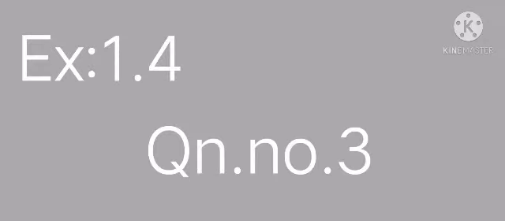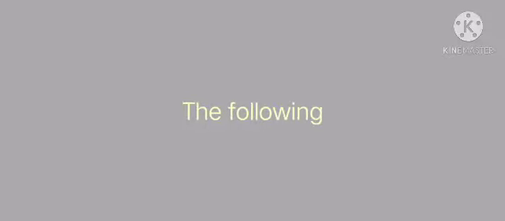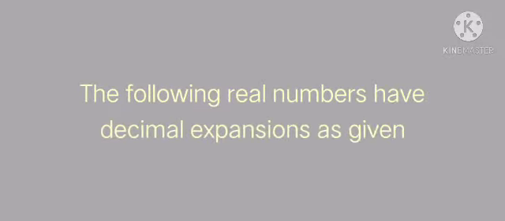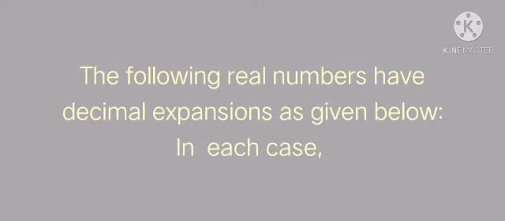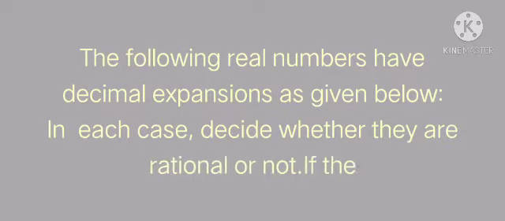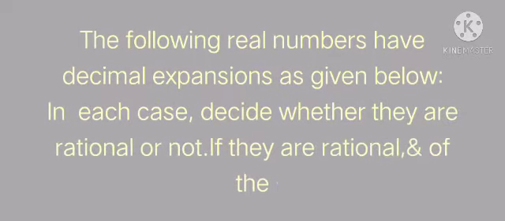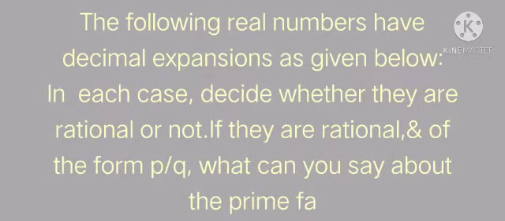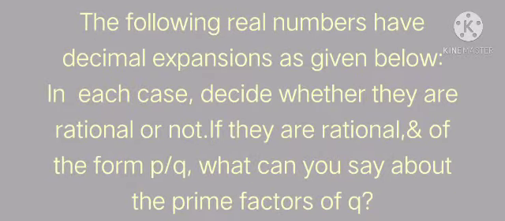Exercise 1.4, question number 3. The following real numbers have decimal expansions as given below. In each case, decide whether they are rational or not. If they are rational and of the form p by q, what can you say about the prime factors of q?